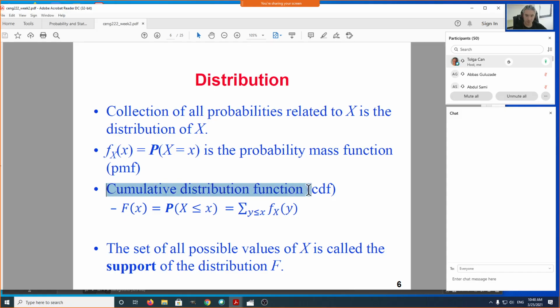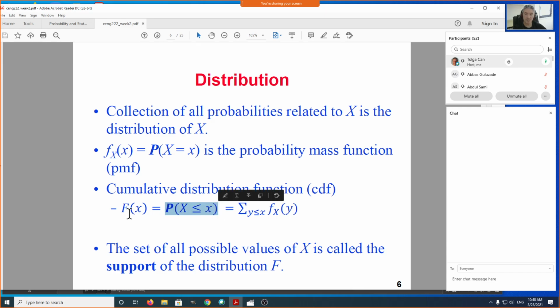But the cumulative distribution function serves the same purpose in both the discrete and continuous random variables, and it's defined as this: the probability of the random variable to have a value of x or less, or the probability that X is less than or equal to this lowercase x.